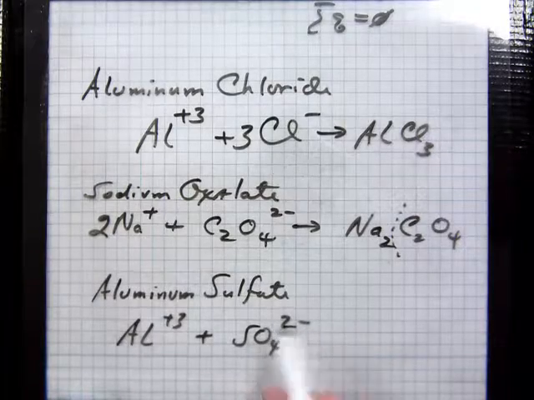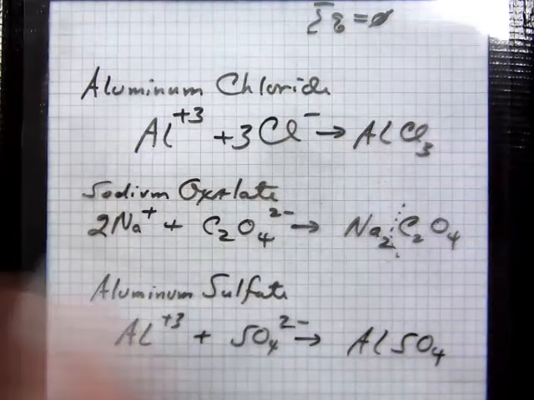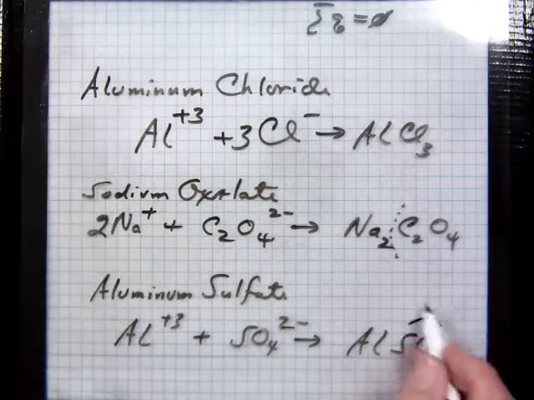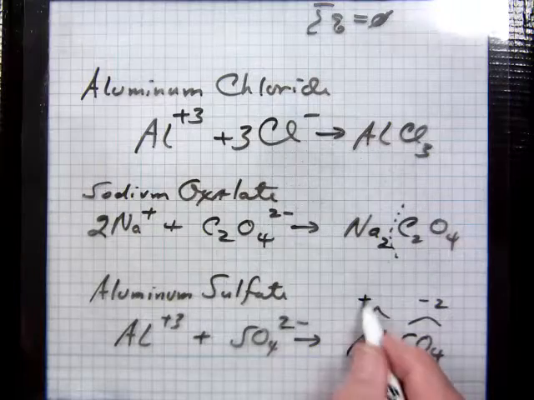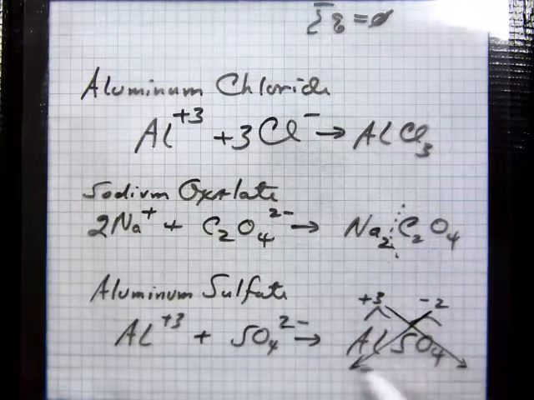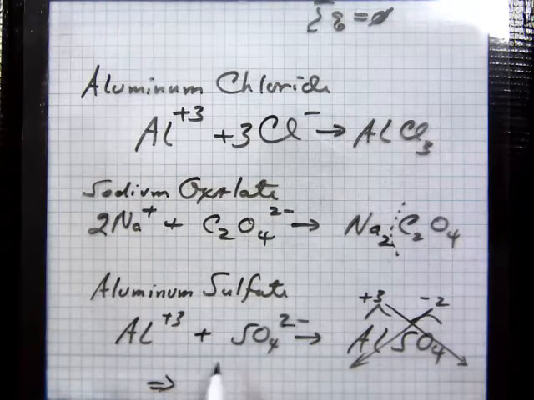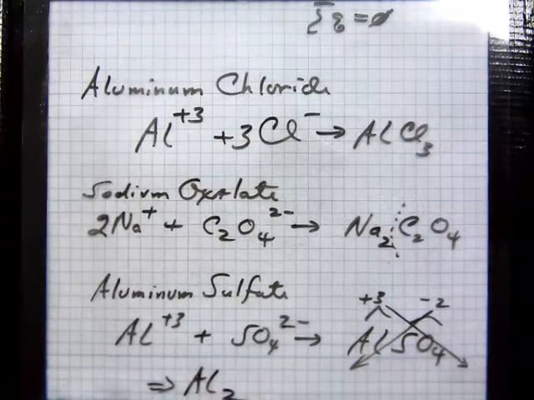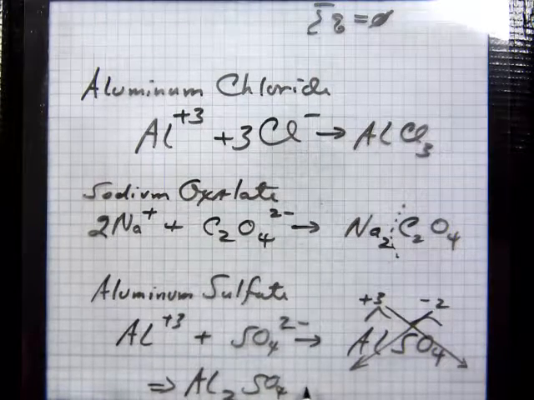What I could do is write the formula together, aluminum sulfate, right there. And whatever the oxidation state of sulfate, and +3 for aluminum, I can make these the subscripts. And that'll simplify it. So then we have aluminum subscript 2 and the sulfate SO4 subscript 3.